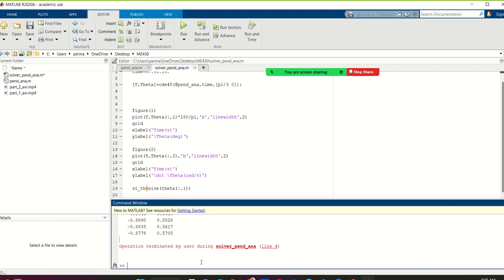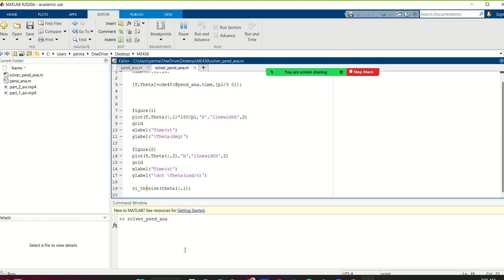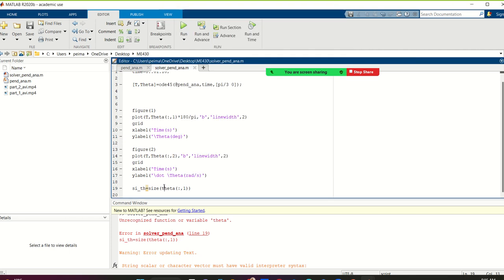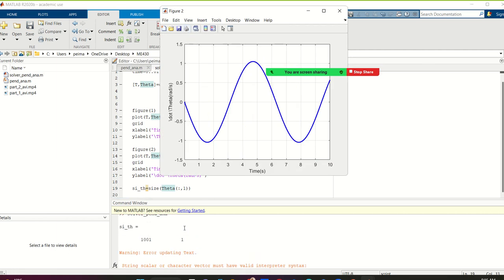Let me delete everything here. This has a capital T. The size of this vector, we have 1001 by 1 for theta.